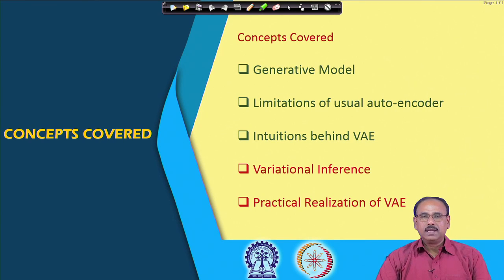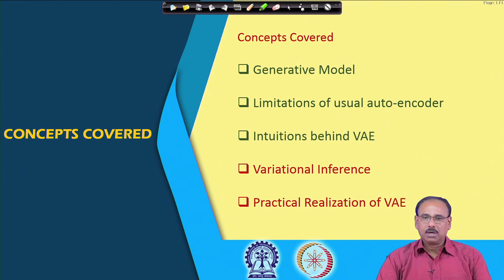In our previous lecture, we gave a brief introduction to the generative model, and we said that the decoder part of the traditional autoencoder can act as a generative model.